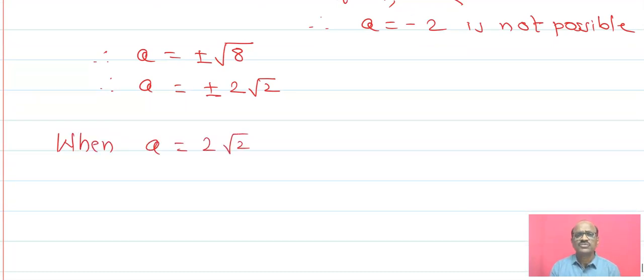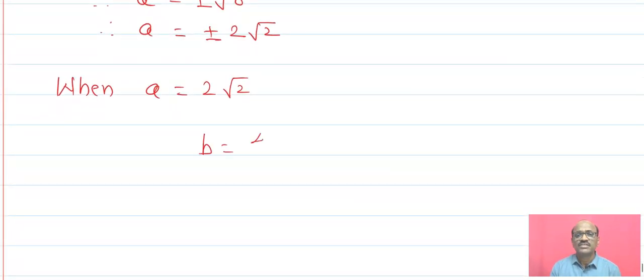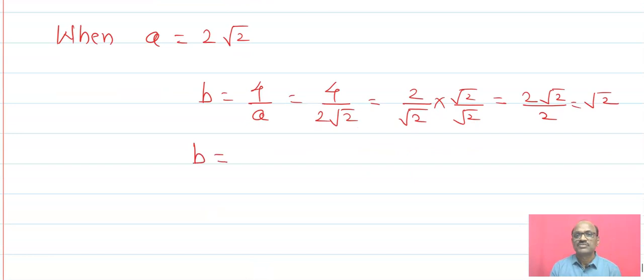Now, when a is equal to 2 root 2, then the value of b is equal to 4 upon a, that is 4 upon 2 root 2, that is 2 upon root 2, multiplied by root 2 upon root 2, and you will get b is equal to root 2.